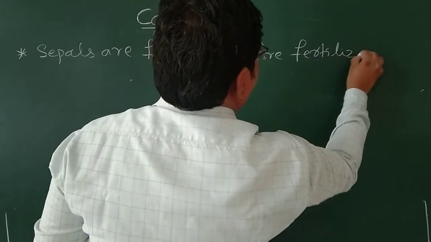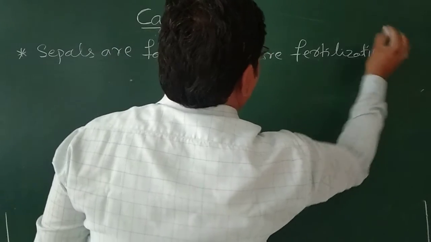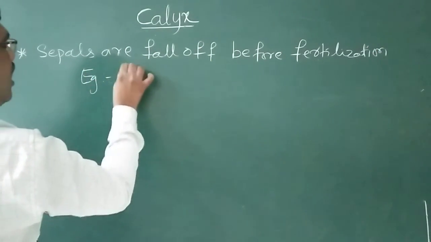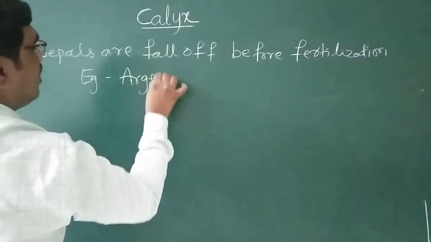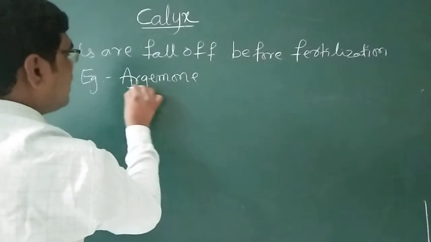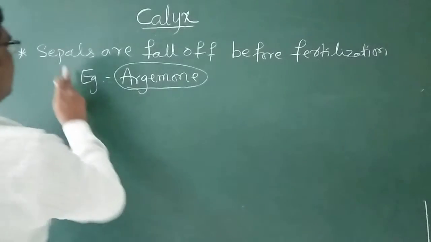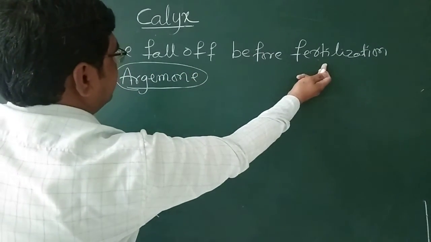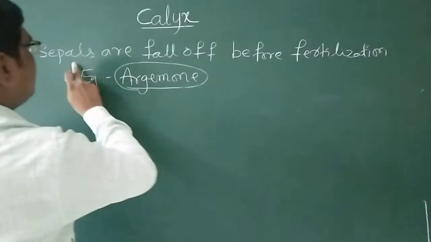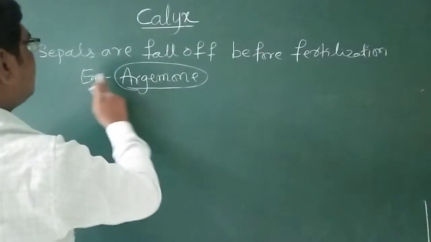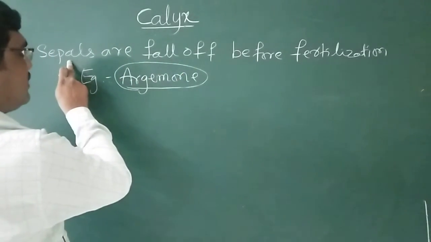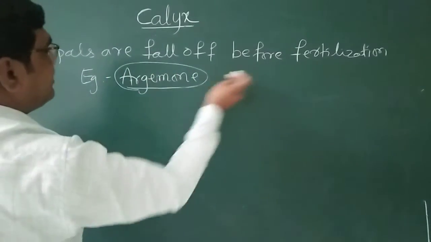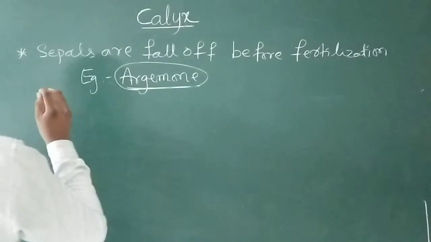Okay? What is an example of this concept? That is Argemone. In Argemone flowers, the sepals fall off before fertilization. This is the main concept. Example: the sepals fall off before fertilization, that is Argemone.